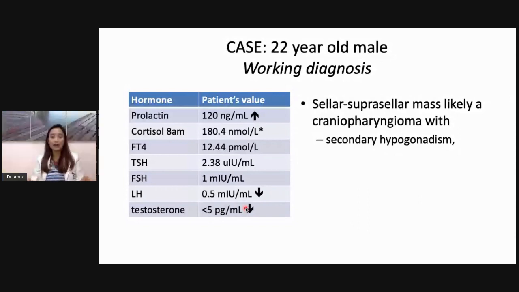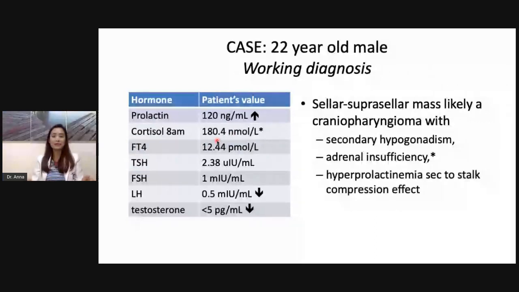You can suspect adrenal insufficiency because of the low cortisol levels, but of course, this still has to be confirmed by an ACTH stimulation test. And then hyperprolactinemia secondary to the stalk compression effect.